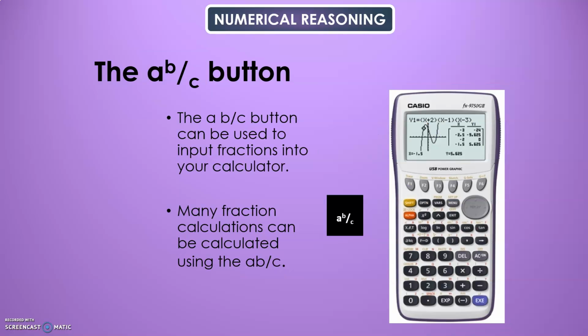Using the ABC, the graphics calculator doesn't have a double box button. It uses an old-fashioned ABC button, and actually if you have a cheaper version of the school calculator, it may have an ABC button, so check any of the calculators you've got before using the emulator.